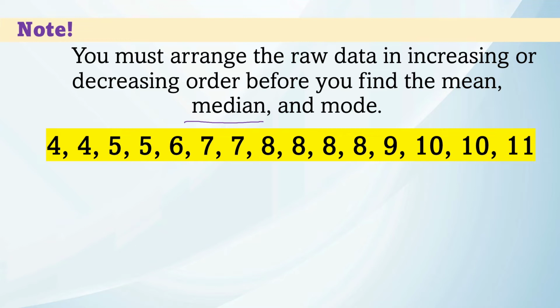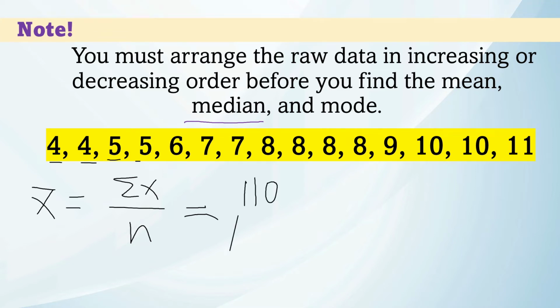So, to find the mean, because mean is represented by X bar, the formula is summation of X over N. If we add all of these numbers, it will total to 110.